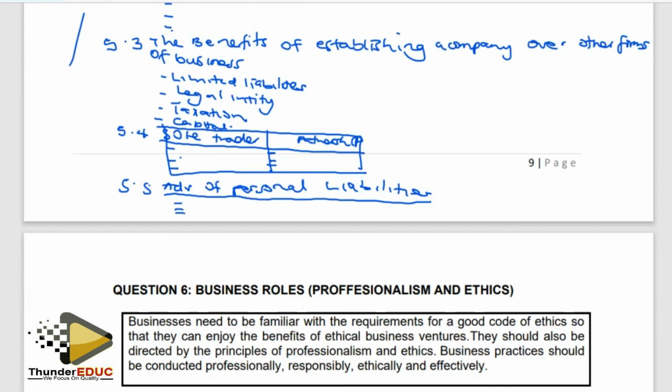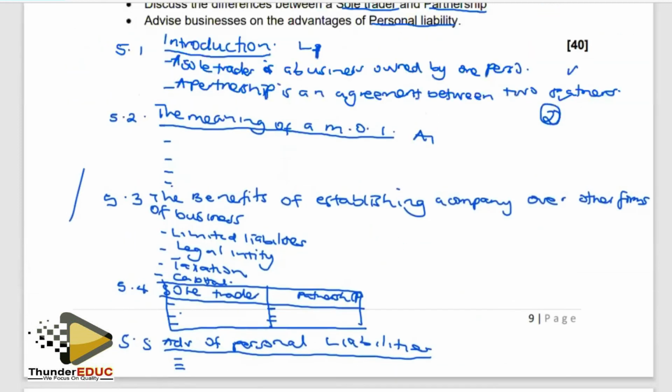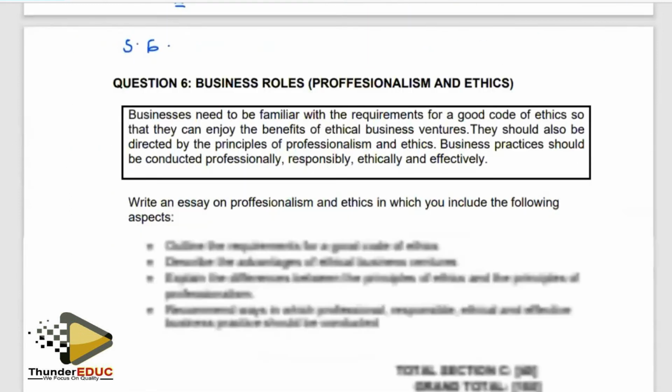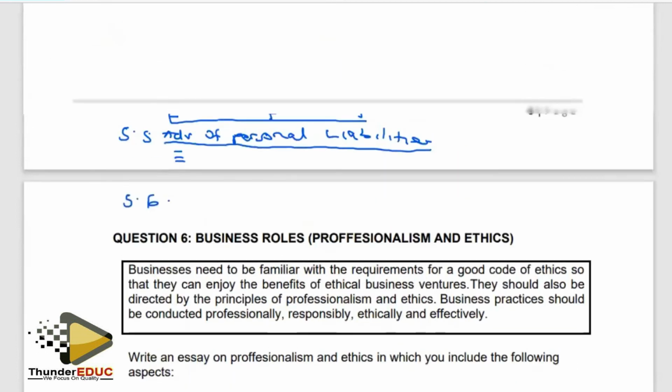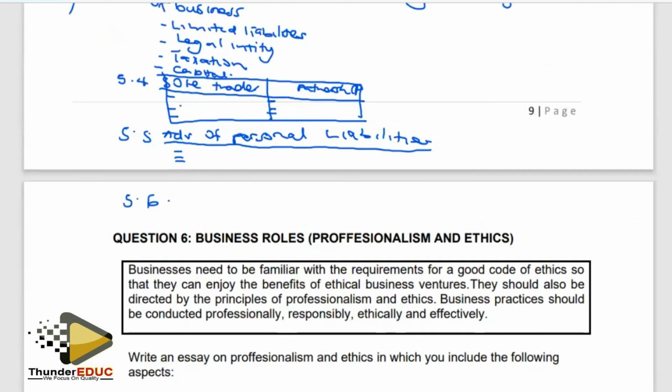Then the last part of the question is always 5.6. The sixth part of the question should always be your conclusion. You are supposed to write the word conclusion, and after writing the word conclusion, underline and come up with your standpoint.